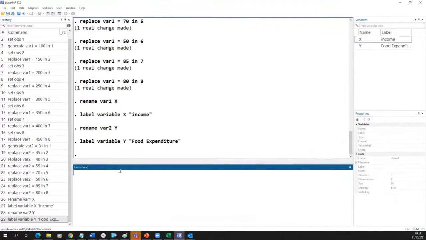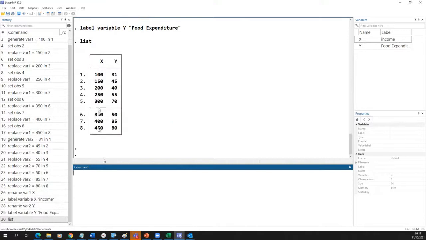Now we go back to the main Stata windows, and notice that over here in the variables window, we've got a list of the variables that are in memory. And if you use the command list, you see that's a nice easy way of seeing the variables that you have in memory.